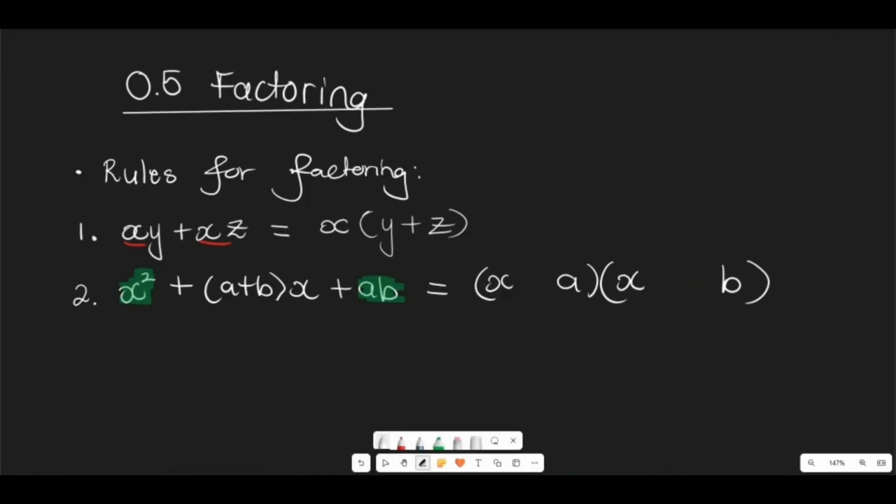All you need to do is look at the variables that we're given over here. You can see this is a positive a and this is a positive b. So this means that they use the positive a over there and the positive b over there, because when you multiply these two together, they give you a positive ab as well. We'll go further into those when we do the examples. You'll see what I mean by that, properly. So that will just be the final answer.